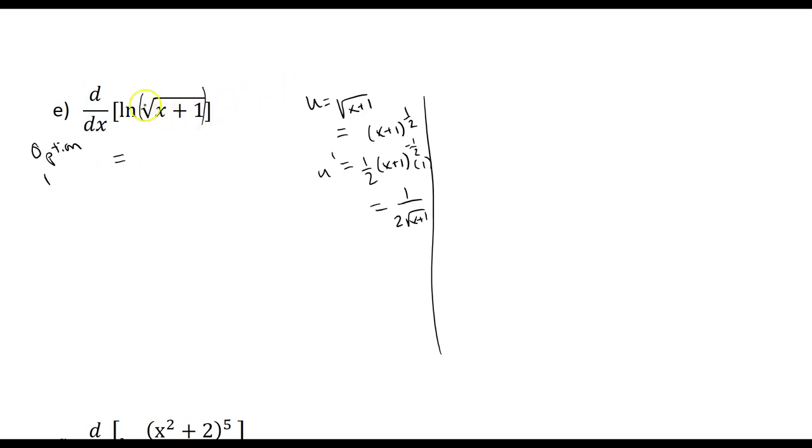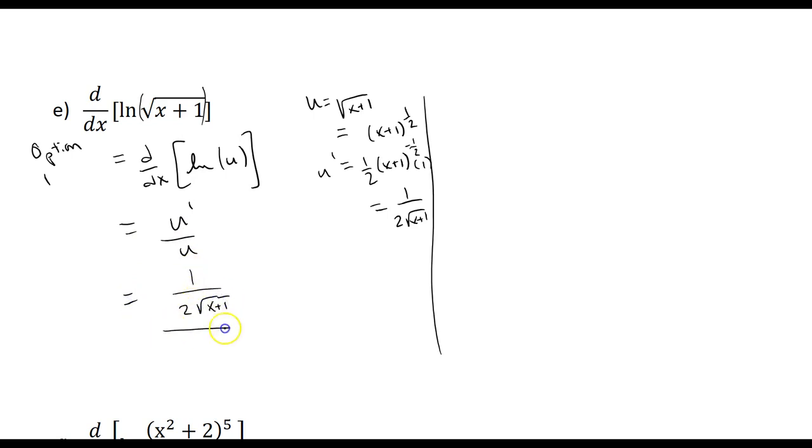So coming back to the original problem, this would be the derivative with respect to x of the natural log of u, which is u prime over u, which is 1 over 2 square root of x plus 1, divided by the square root of x plus 1.